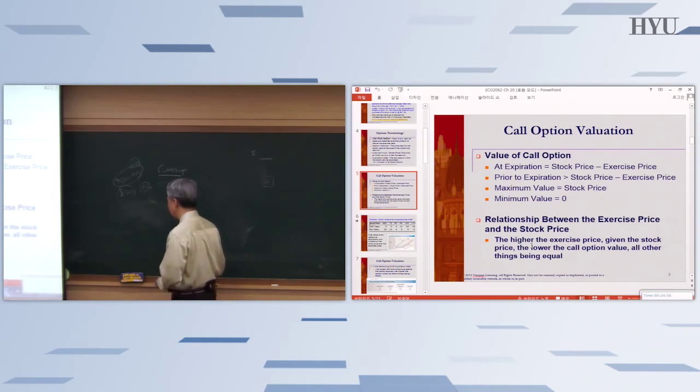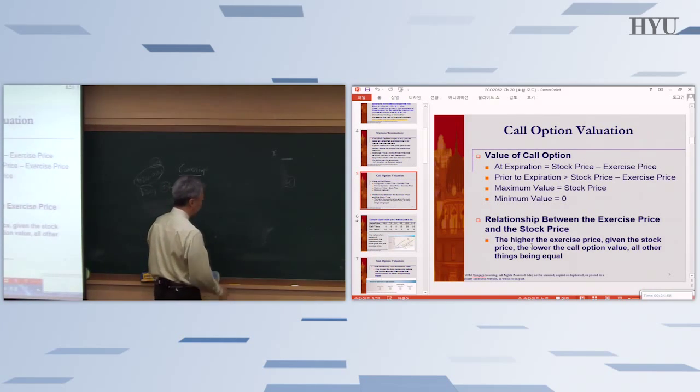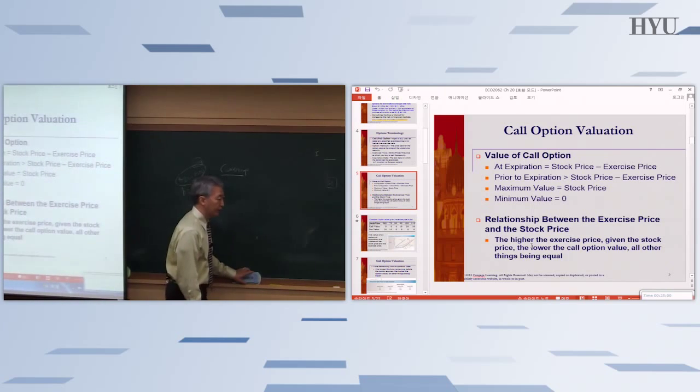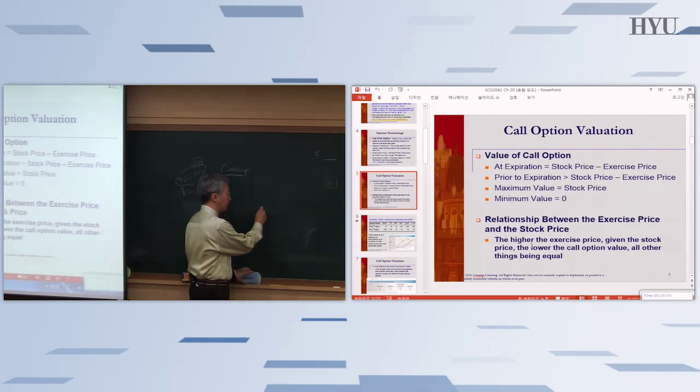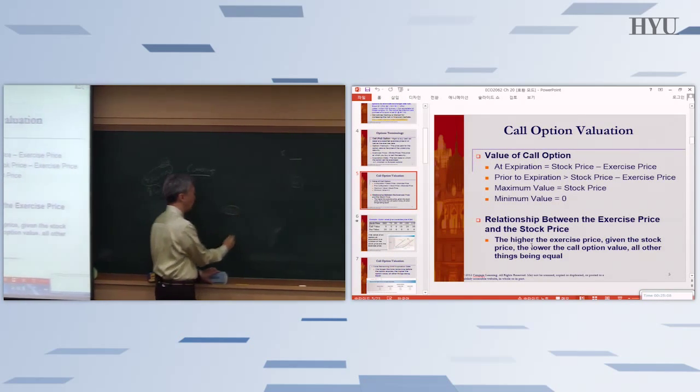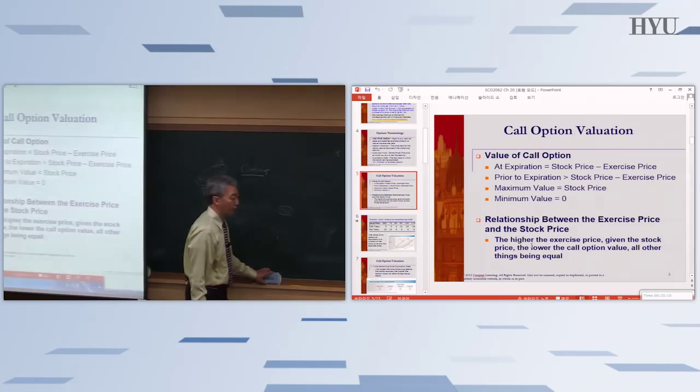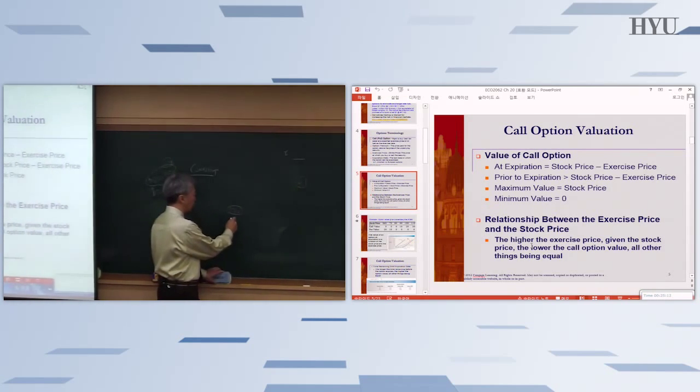So let's say today, a call option, using the same Volkswagen example, right? Today, the market price is $120, okay? But you are holding a call option with the strike price of $110, okay?